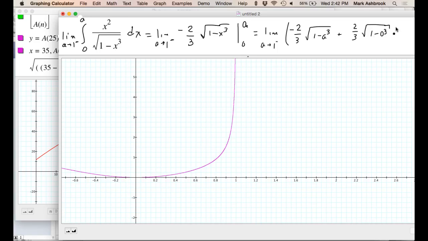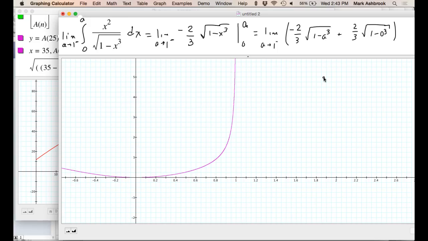Did I plug things in correctly? All right, so when a gets closer and closer to 1 from values less than 1, we're asking what happens to this. So as a gets closer and closer to 1, so now we're talking about like 0.9, 0.99, 0.999, 0.9999, right?